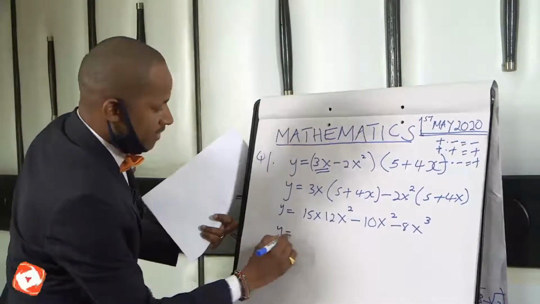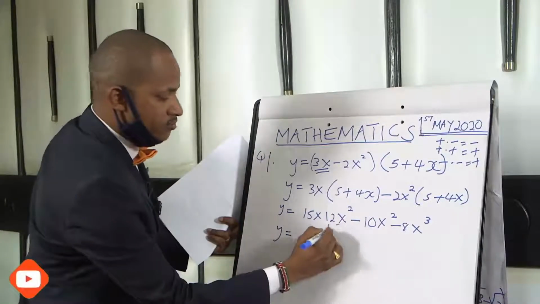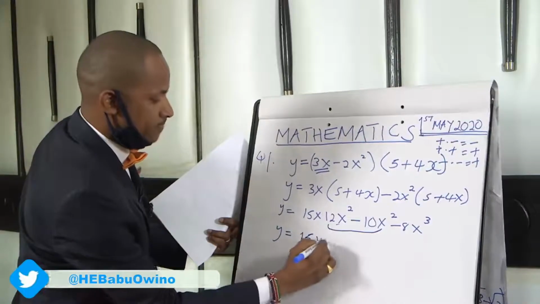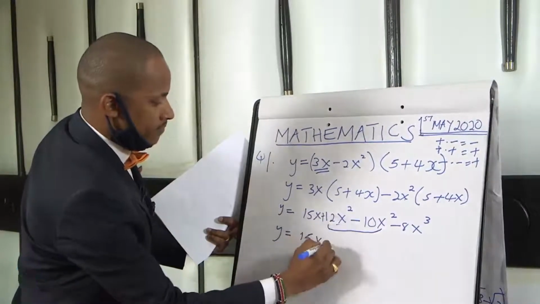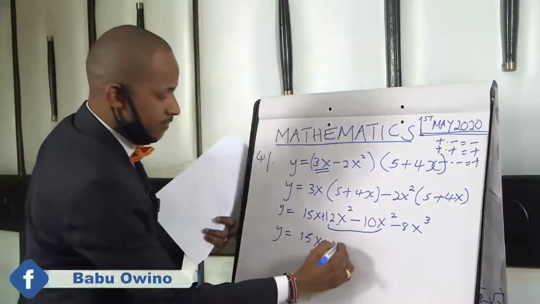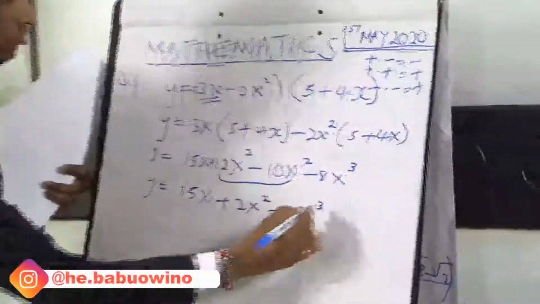Now our y becomes, you simplify further by collecting the like terms. So we have 15x plus 12x squared minus 10x squared is 2x squared, minus 8x cubed.